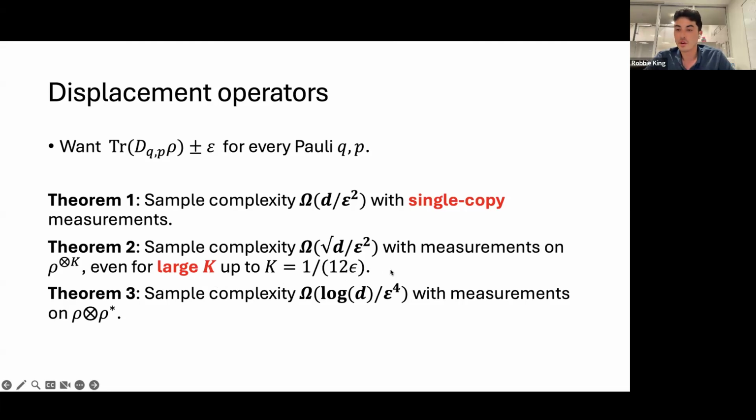So if epsilon is 0.001, then even if you have rho tensor 100, still the sample complexity is exponential. But the third theorem that we have says that if we are allowed to measure rho tensor rho star, where rho star is the complex conjugate state, then we can perform this task with log D measurements. So this is an exponential improvement.